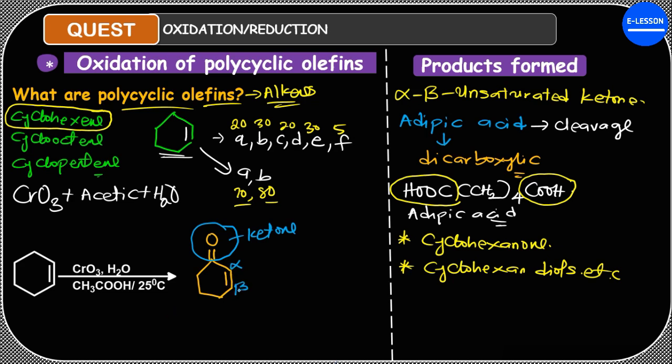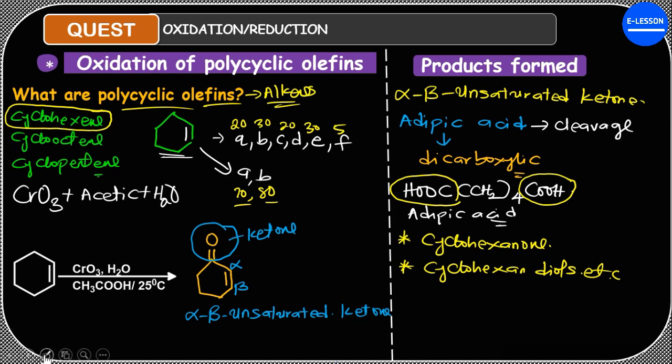So we call it alpha-beta unsaturated, because the double bond is between the alpha and the beta carbon. Are you getting it now? So we call it the alpha-beta unsaturated ketone, with the ketone as the major functional group there.